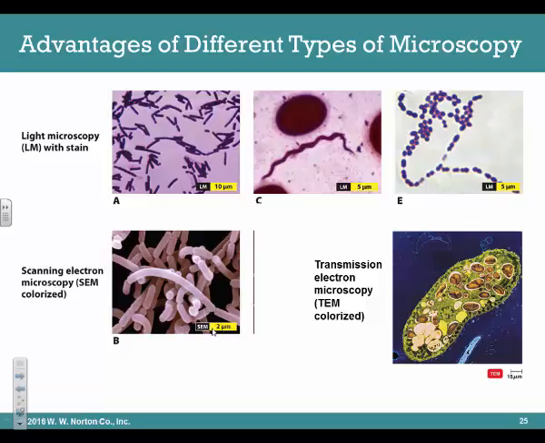So this yellow bar is 2 micrometers. Here the yellow bar is 10 micrometers for the light microscopy. So you're getting much more detail seen with the scanning electron micrograph. And then here you have a bar of 15 micrometers, which shows even more internal detail that you can see using transmission electron microscopy.